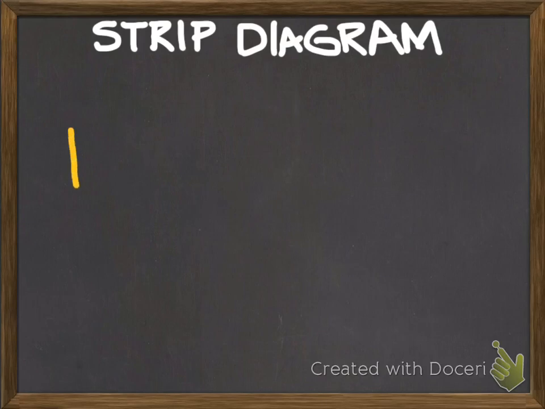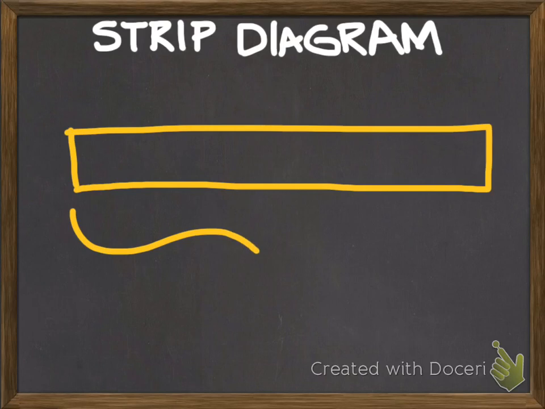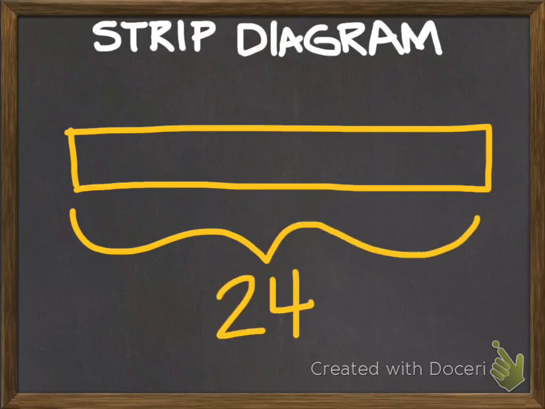So let's draw a strip here to represent those cards. We know there are 24 cards. Now, the other important thing that we know is that there are 4 people that are going to split up these cards in equal groups.